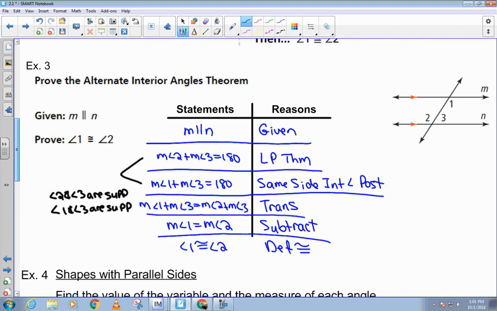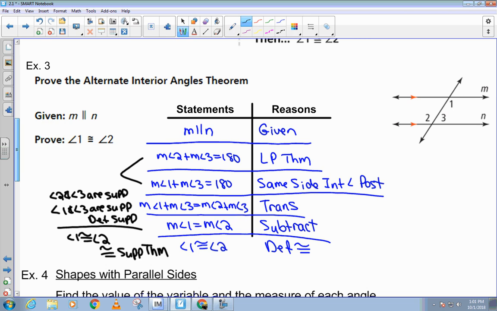Okay? And that would get by the definition of supplementary angles. And then you could have said that angle 1 is congruent to angle 2 by the congruent supplement theorem. Okay? And that would have shortened your work just a little bit. You could have done it that way as well.